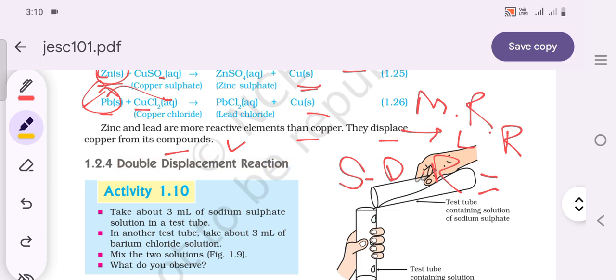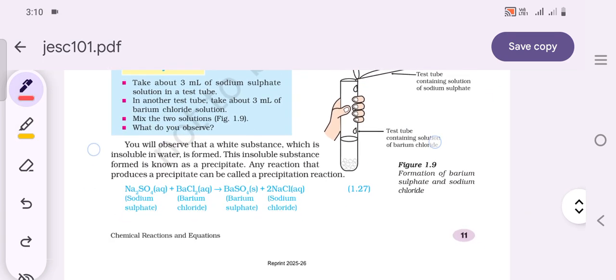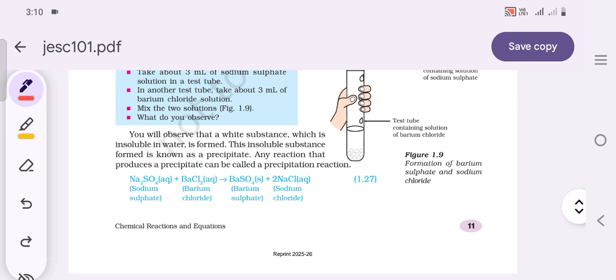In double displacement reactions, we are going to go through two concepts: precipitation reaction and neutralization reaction. But before that, we should know what is meant by double displacement reaction.